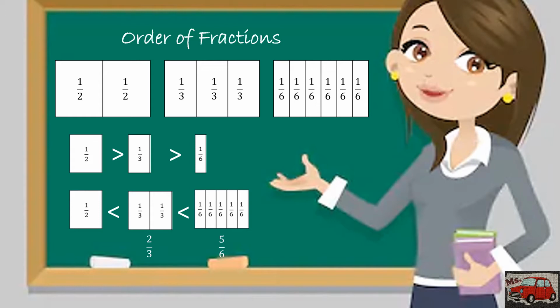Okay? So, how about this one? So, si 1/2 is less than 2/3. Okay? Kasi, dalawang 1/3 pinagsama. So, 2/3, mas malaki na siya ngayon sa 1/2. So, based dun sa drawing, mas malaki naman talaga siya. But si 2/3 is less than 5/6. Kung mapapansin nyo, 5/6, 5 tigo 1/6.